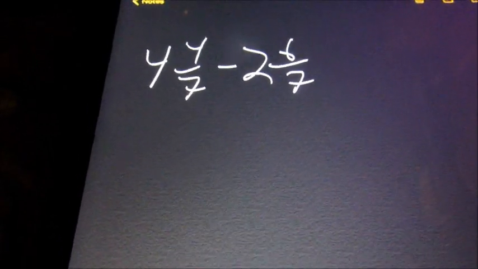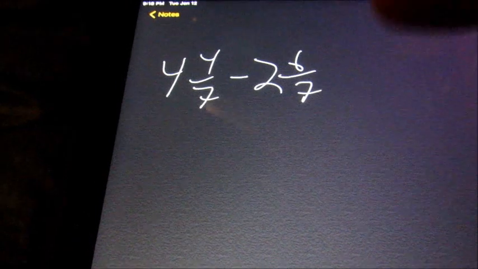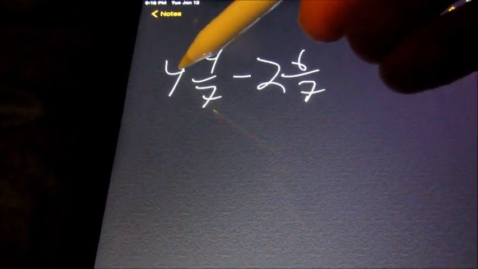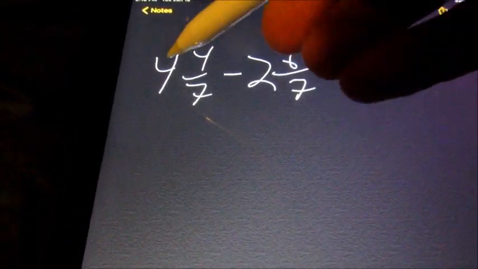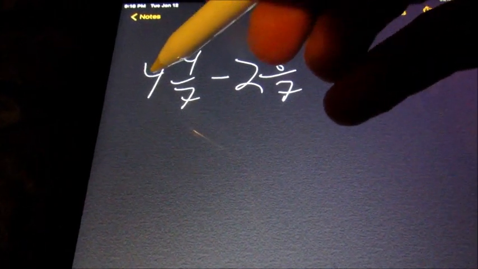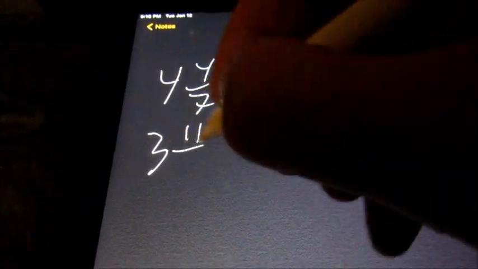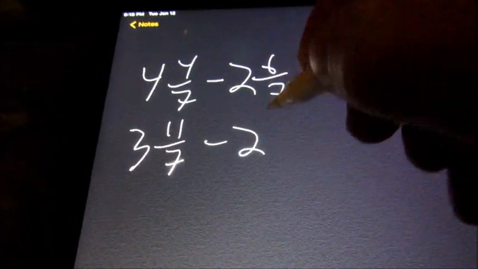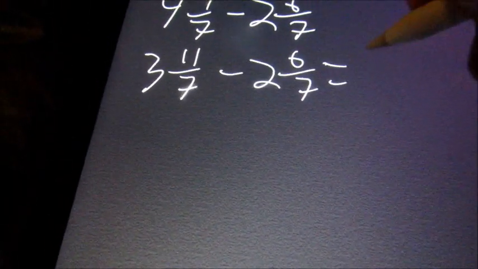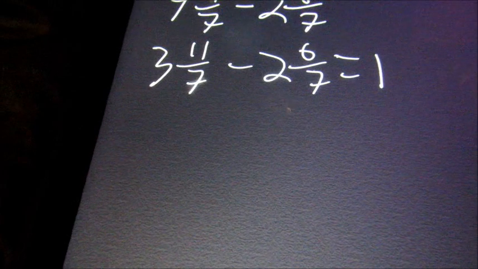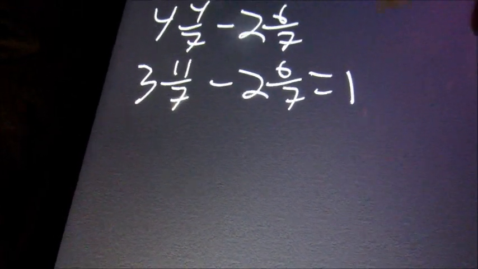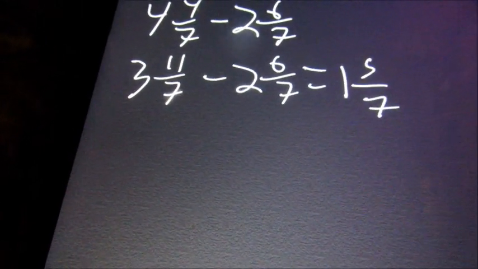So if I want to keep them as mixed numbers here, I again have to borrow 1 from the 4, and so that would be 7 of them. So this would be 3, and 7 plus 4 is 11 over 7 minus 2 and 6/7. So now I can subtract. 3 minus 2 is 1. 11 minus 6 is 5 over 7.